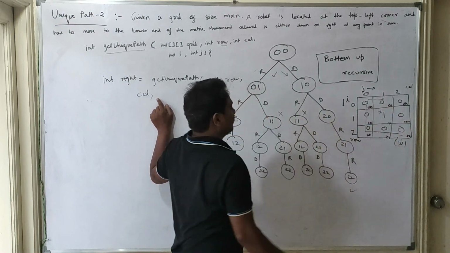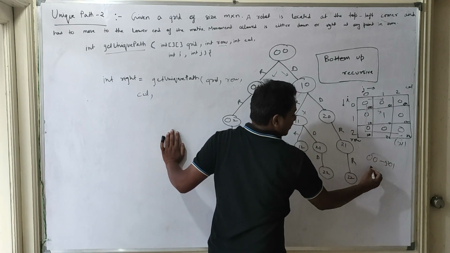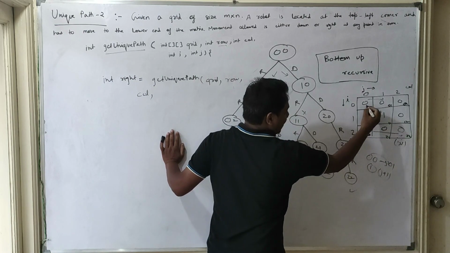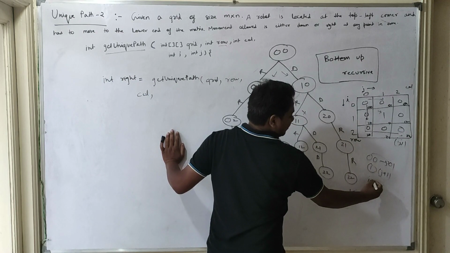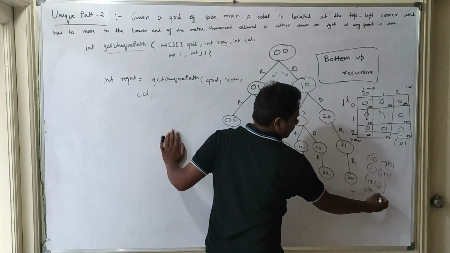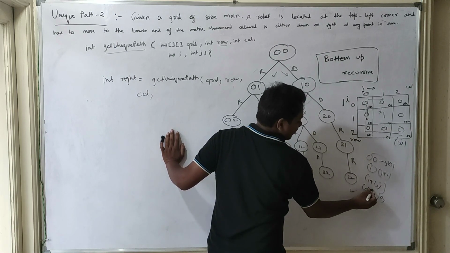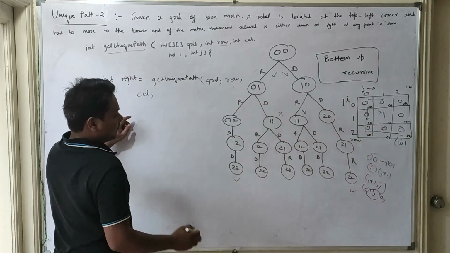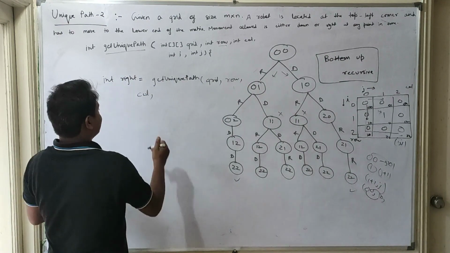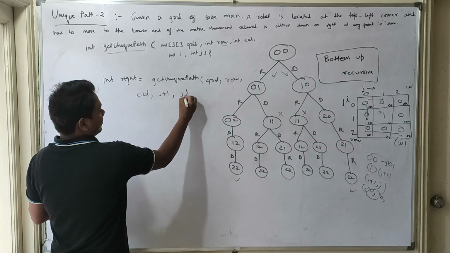See from 0 0 we are moving to 0 1. So i we are basically keeping constant and j we are incrementing, and while we are moving down then we are incrementing i keeping j constant from 0 0 to 1 0.